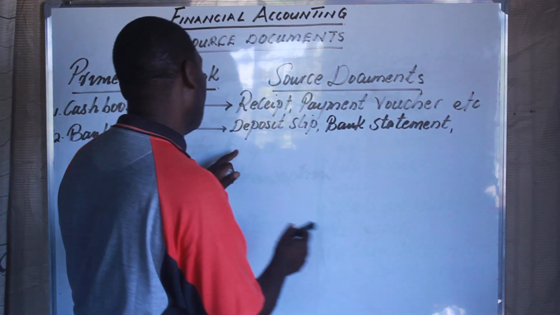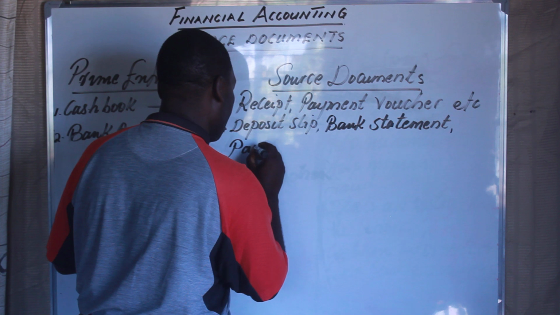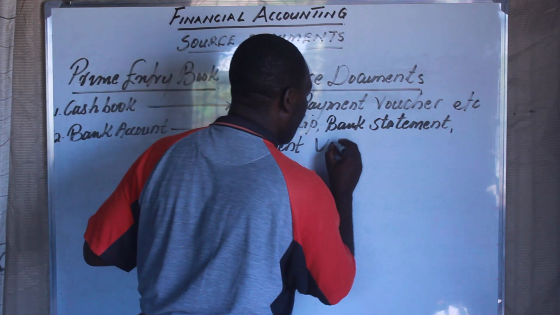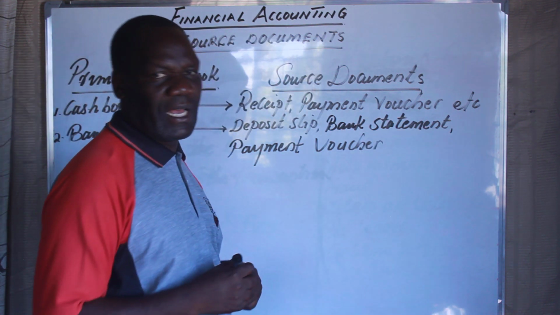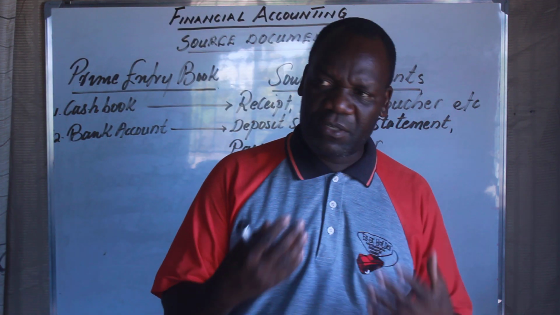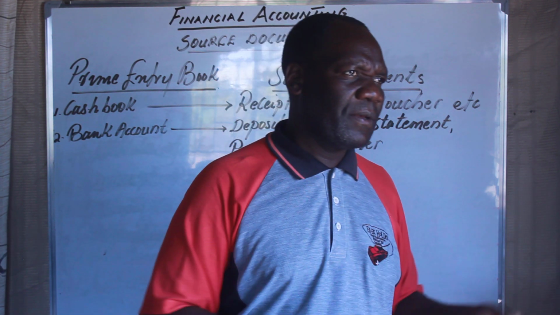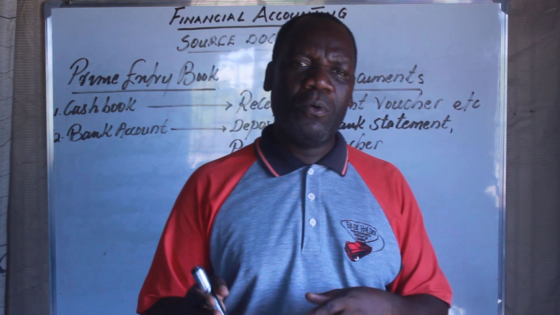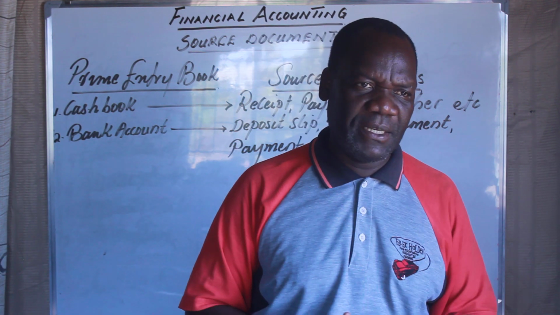The next on this, the payment voucher as well. The payment voucher is a source document because it shows the type of goods that were paid for, how much, and to whom this money was transferred or paid.